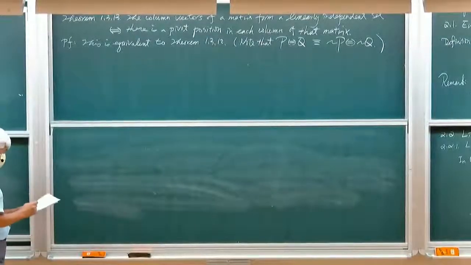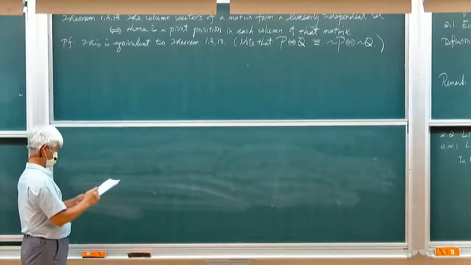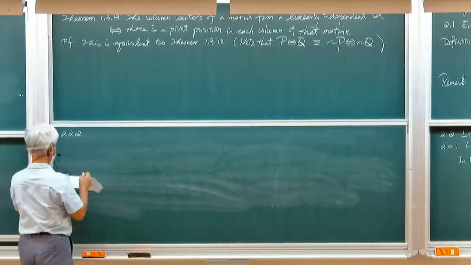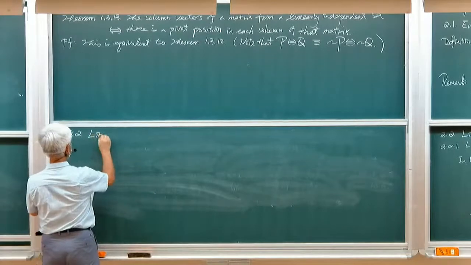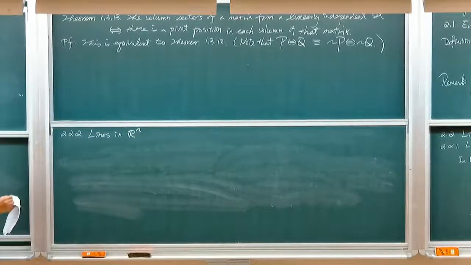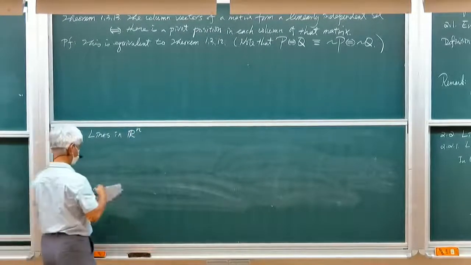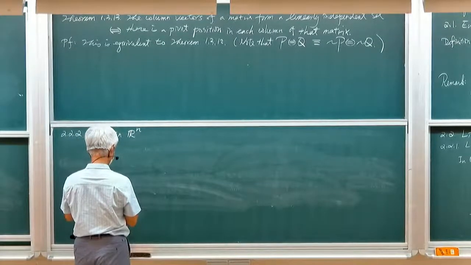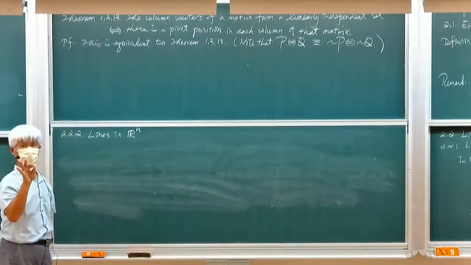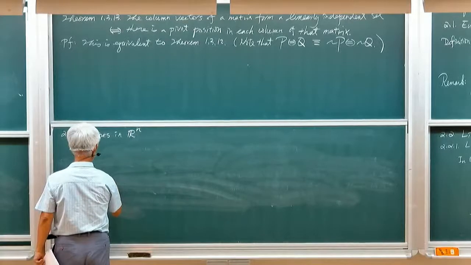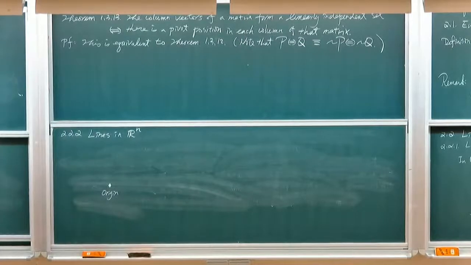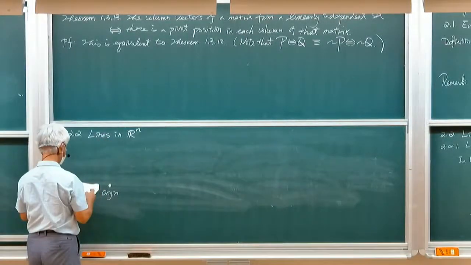Okay, so we go on. Now I will study lines in n-dimensional Euclidean space. Suppose we select a point called the origin of the Euclidean space.